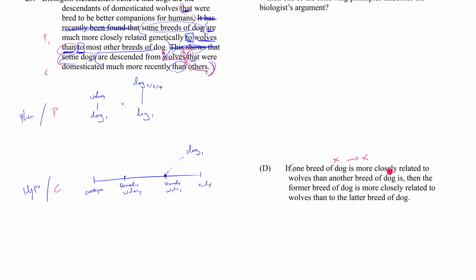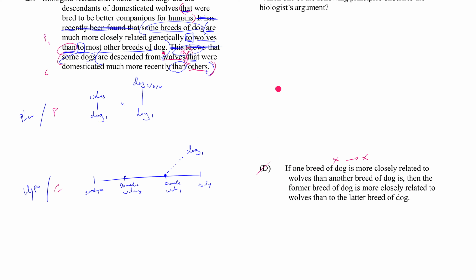If one breed of dog is more closely related to wolves than another breed of dog, then the former breed, the one breed, is more closely related to wolves than the latter breed, the other breed. Okay. This is a self-evident claim. There's really no need to make it. It doesn't add anything to the argument.